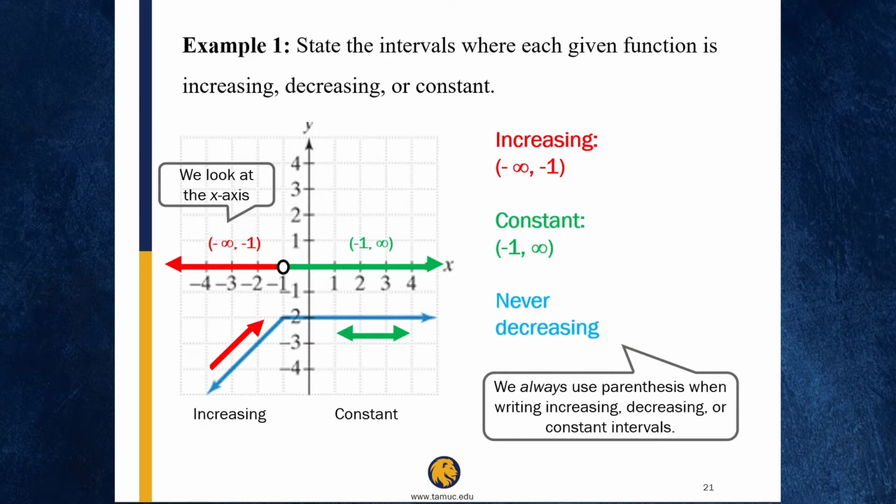We do that because the numbers where it changes between the three different directions it could be traveling are never included inside of any of our intervals. So we always use parentheses to indicate that those numbers are not part of increasing, decreasing, or constant intervals.